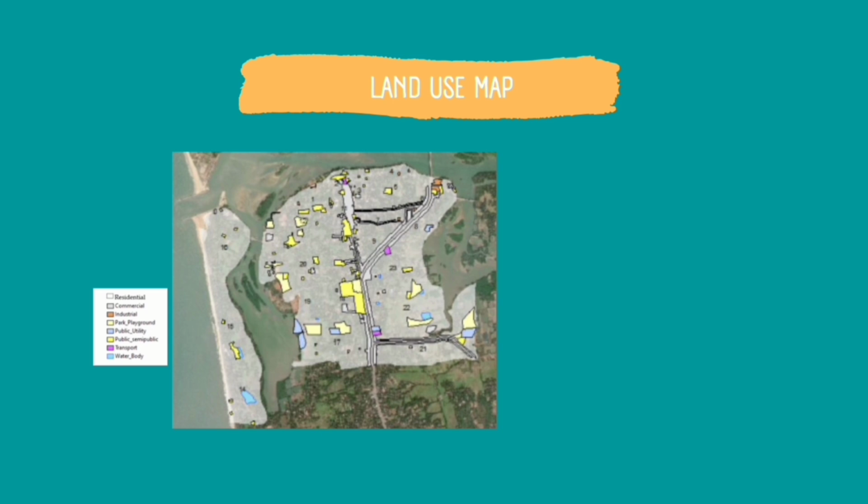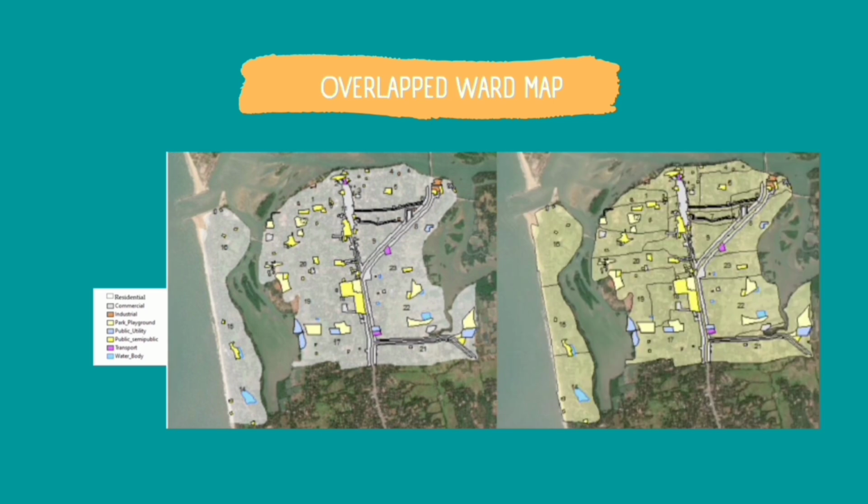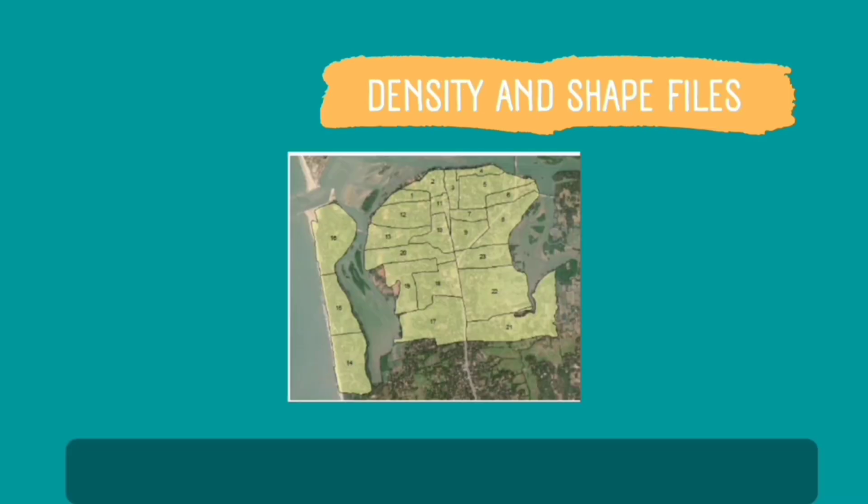This is how it will look now. You can see the subdivision of this place into various wards. If we remove the land use map, this is how the wards look. Now I'm going to present you with data that we have worked on, and this will clear out all the methodology involved in this process.